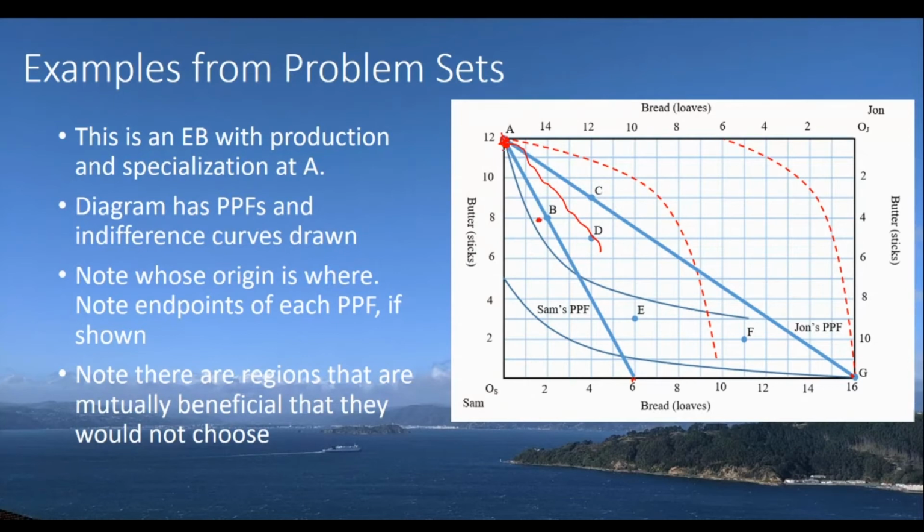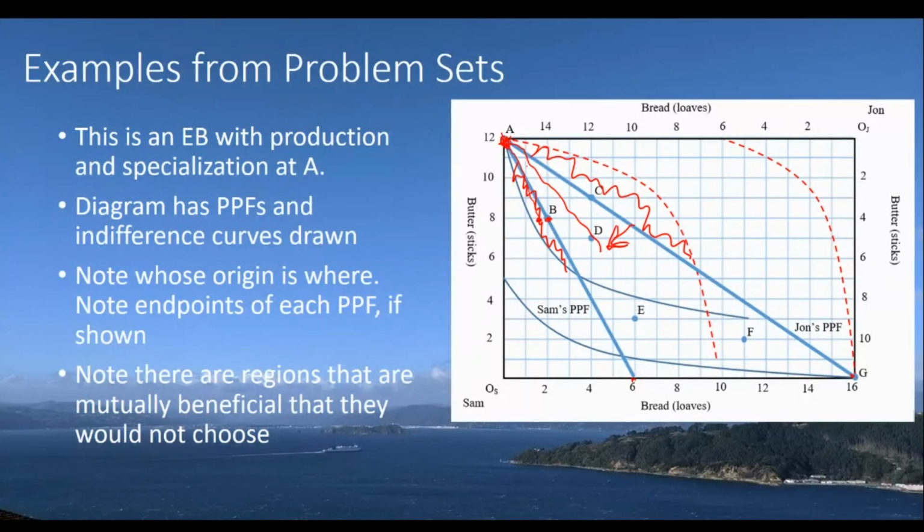Notice that that would give Sam an increase in utility relative to point A, but note also that because of the production possibility frontier presented, he could get it even better by producing for himself at point B. So Sam would never be willing to move into this area here because he could produce better for himself. And likewise, John would never be willing to move into an area like this because he too can get further out from his production. He can produce that with his own capabilities. He would want to trade only to a point out this way.